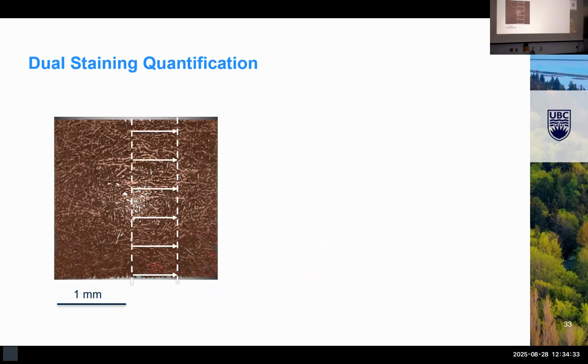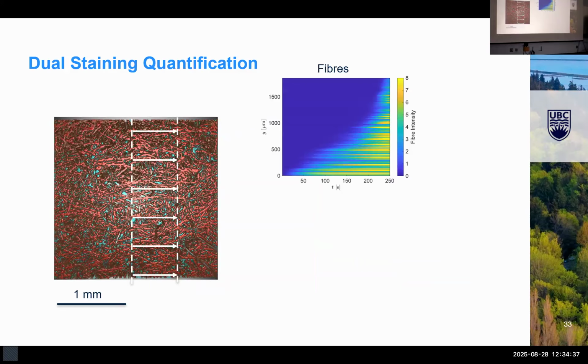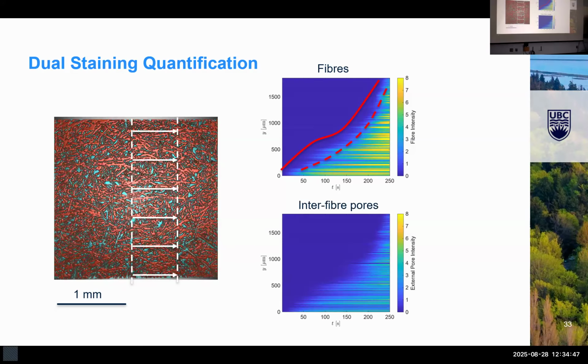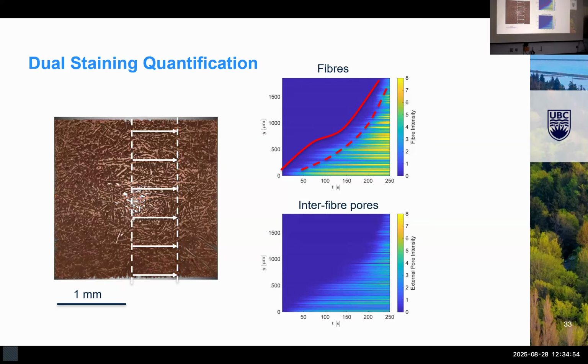As before, we can now look at some spatial temporal absorption. In the fibers, we have a pretty clear delineation between two fronts coming in, one moving up there and then one slightly behind like that. Meanwhile, in the interfiber pores, it's more of a gradual uniform filling without such a clear delineation between fronts.